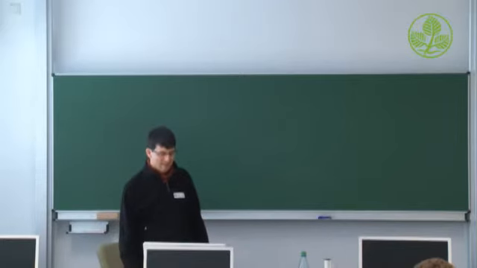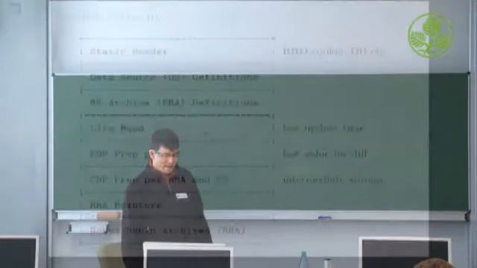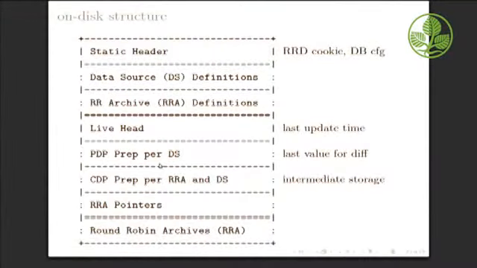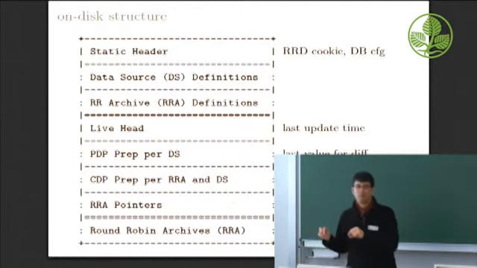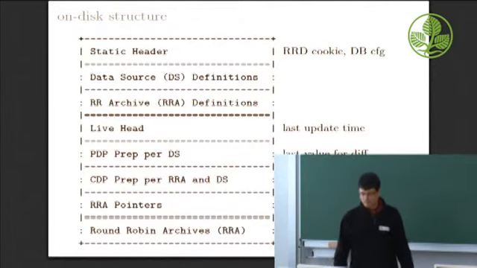Meaning that on a performance side, the blocks which have to be read from disk in order to be updated, they're closely together for most of the operations. So it's basically the beginning of the file which has to be touched every time. And the rest of the file only has to be touched when the round-robin archives actually get modified.